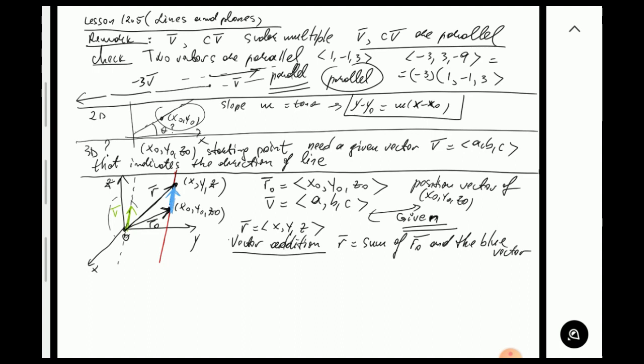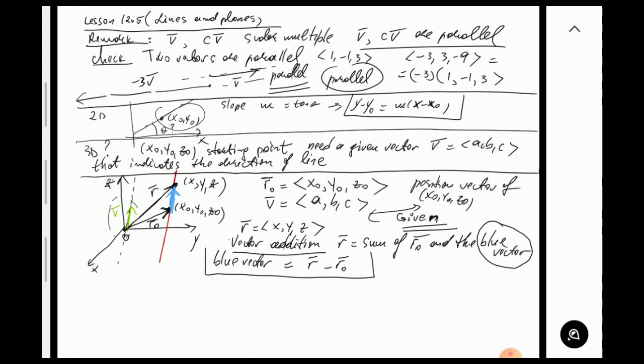Just look at the figure carefully and notice that r is the sum of r naught and the blue vector. So the blue vector, which describes the relationship between x, y, and z, is going to be the difference between r and r naught. This is just coming from the vector addition.